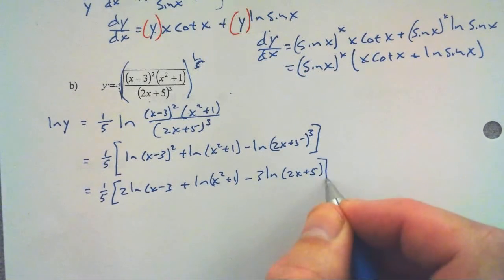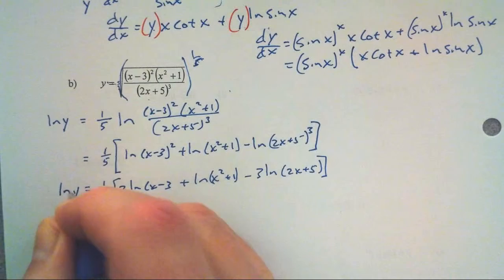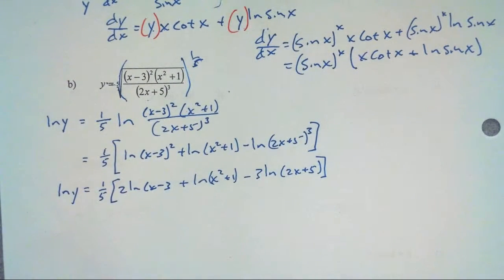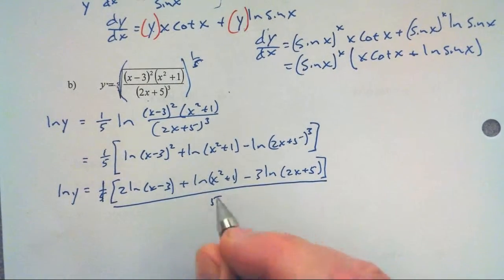Well, I'm doing a whole lot of honors pre-calculus or pre-calculus and not doing much calculus yet. So is it time for us to think about taking the derivative of this? Perhaps. And I'm not going to write big here because I'm not exactly sure how much room this guy is going to take. Maybe it's worth doing that 1/5, or maybe it's worth treating all of this as though it was over 5.